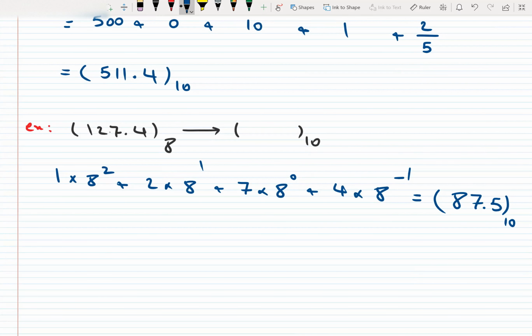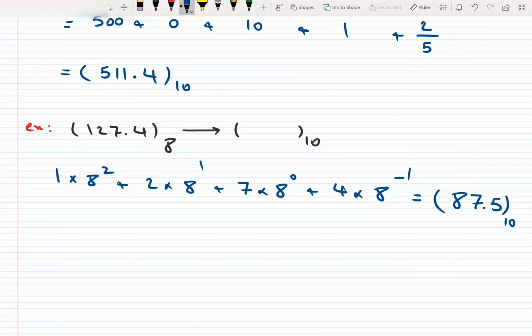If we have any base less than 10, everything is fine. We have no problem assigning the coefficients because we already have the coefficients for base 10 from 0 to 9.